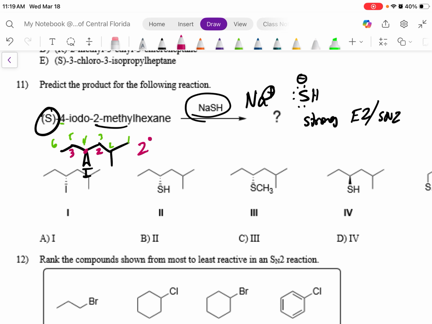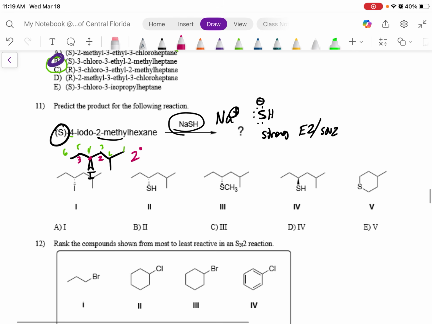So we've got to use the information that is given. We can't just make anything up. The concentration of the reagents is strong or concentrated because it doesn't say anything about a dilution. So that's where we're at. We're thinking SN2 and E2.